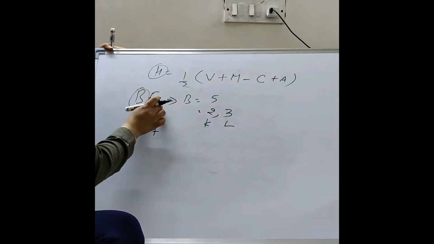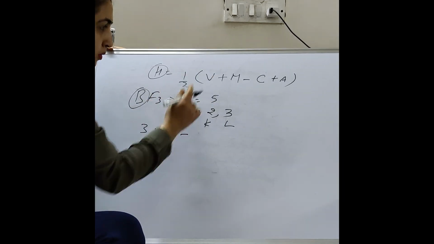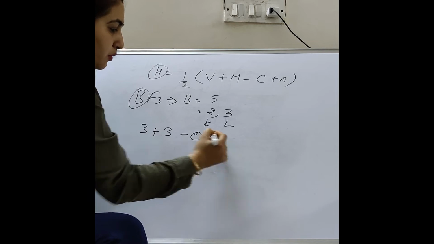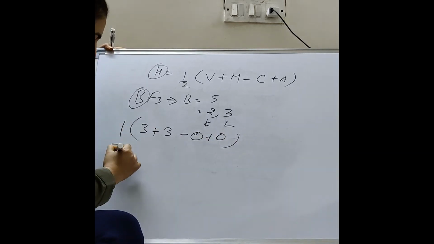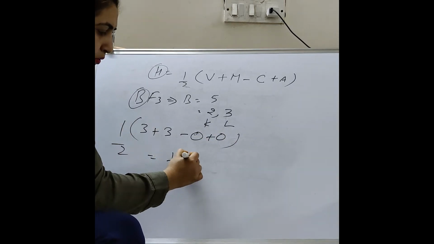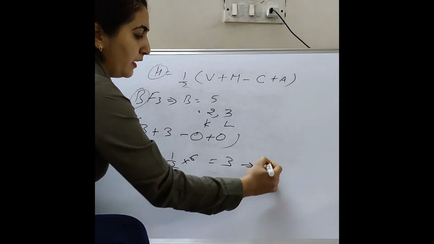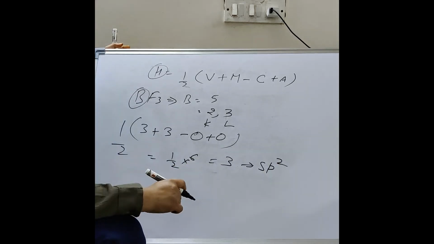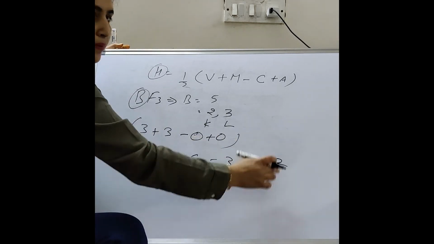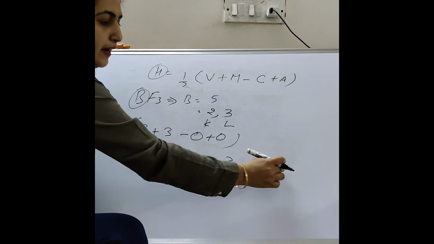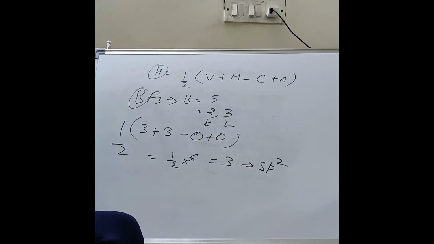Number of monovalent atoms, 3 fluorine we have. There is no positive charge, plus there is no negative charge. Overall divided by 2, half into 6, it comes to be 3. So the hybridization is sp2. It means 2 p orbitals will be taking part in it, one px and one py.